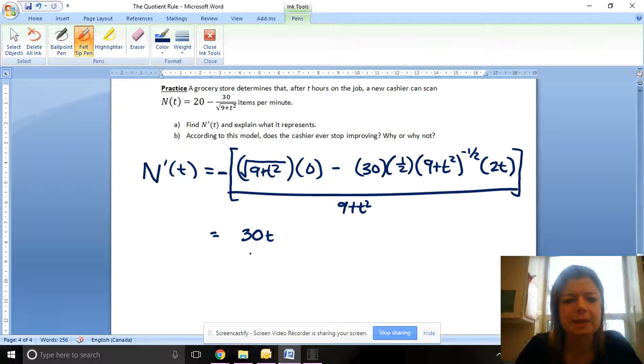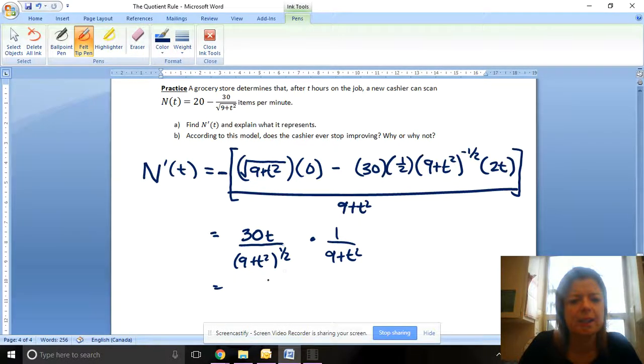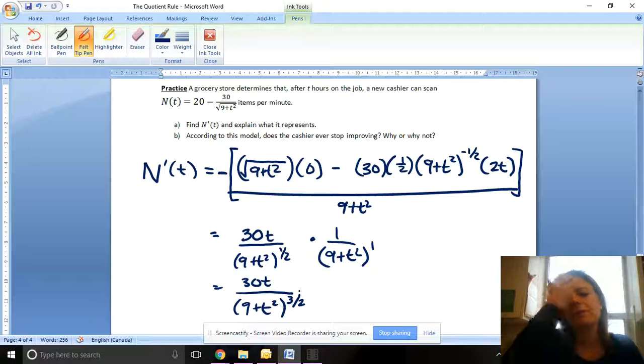You get 30t over 9 plus t squared to the half, and then times 1 over 9 plus t squared. If I multiply this together using my exponent laws, I get 30t over 9 plus t squared to the power 3 over 2. I just added the exponents. This is technically to the power 1, so I just add the exponents to get this. So this is my derivative function.